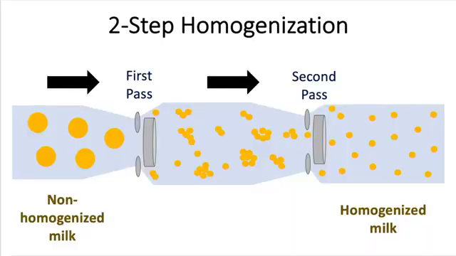But what tends to happen is these small oil droplets form these larger clusters, or they all aggregate up. So we pass it through the homogenizer again. This would be a second pass. And what this second pass does is it separates all those clusters and aggregates into individual oil droplets.